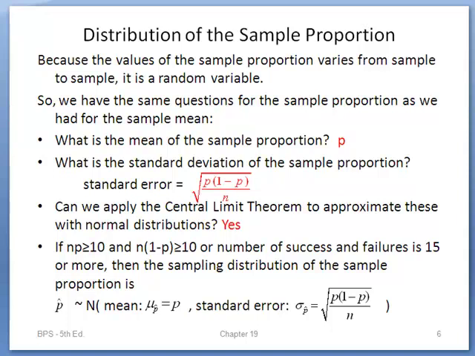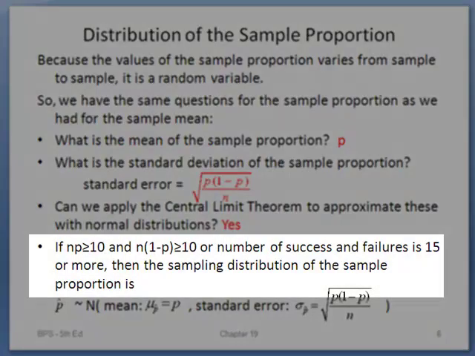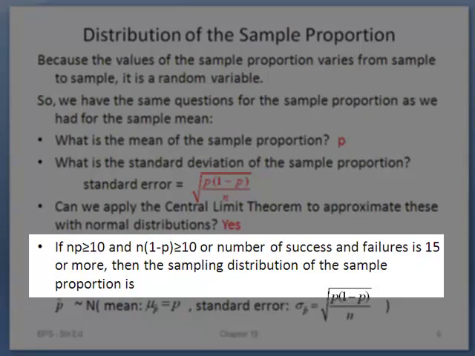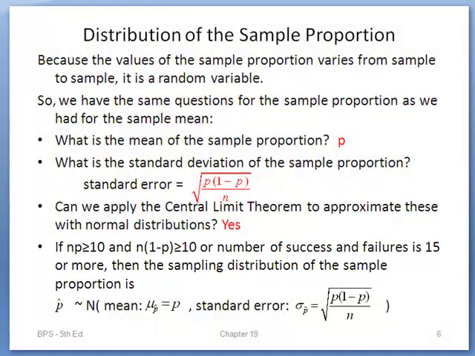Now, what are the conditions so that we can invoke the central limit theorem? Well, the sample size times p has to be greater than or equal to 10, and the sample size times 1 minus p has to be greater than or equal to 10, or the number of successes and failures is 15 or more.